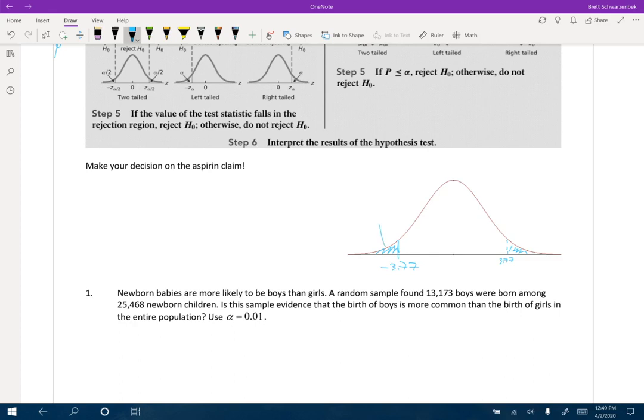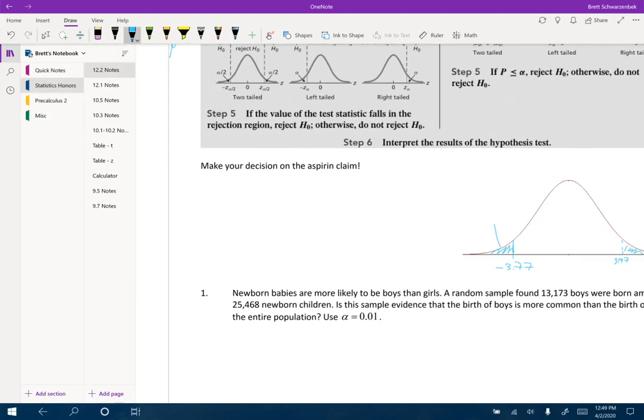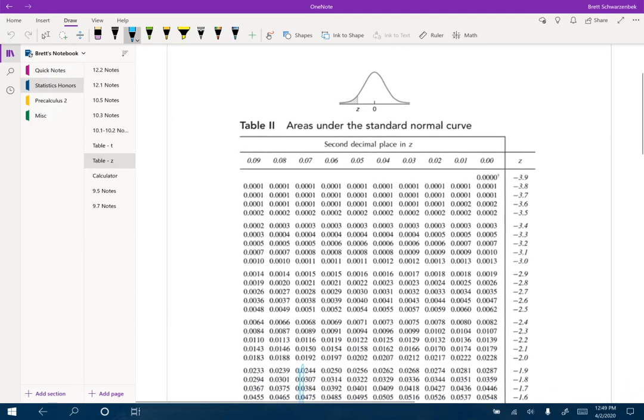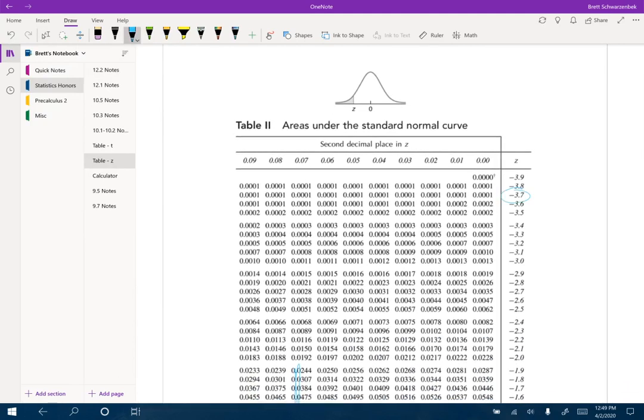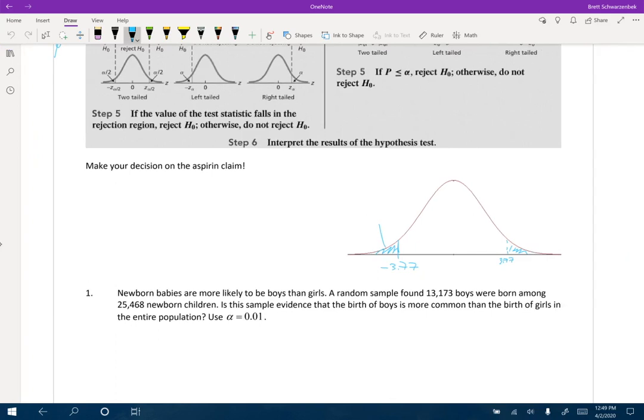We could look up negative 3.77 in our z table, which puts us right here at 0.0001. Okay, so that means our p-value is equal to 2 times 0.0001, which is 0.0002.